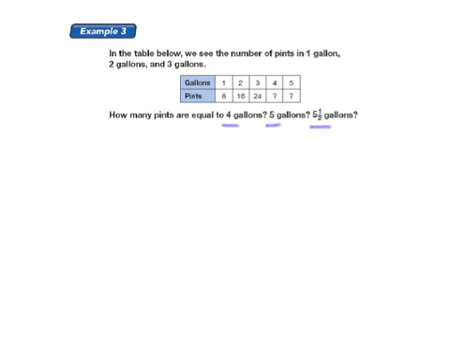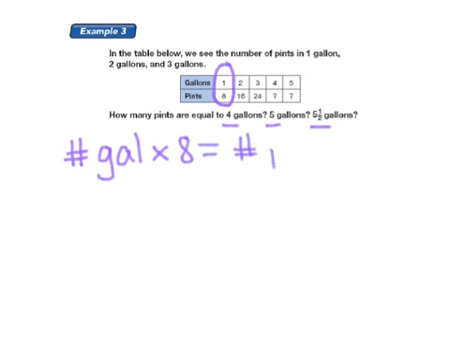Basically continuing to fill out the chart. So we know that if 1 gallon equals 8 pints, that we're going to be multiplying the number of gallons times 8. So the number of gallons times 8 equals the number of pints.